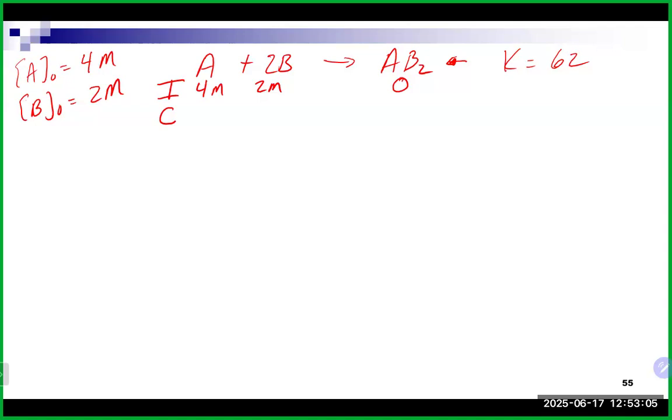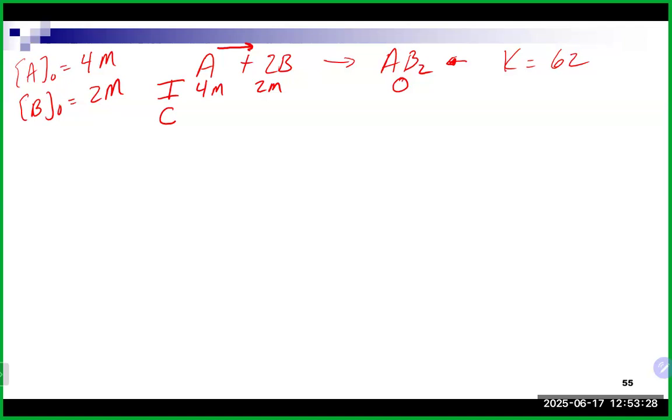Because of that, the amount of reactants should be decreasing with time, and the amount of products should be increasing with time, because we're making products.